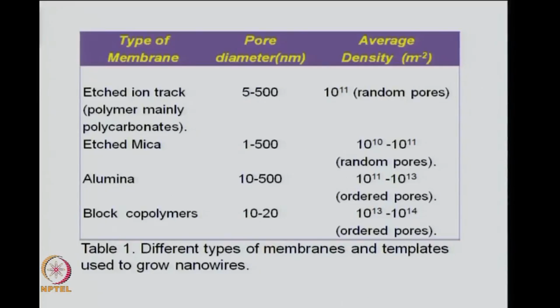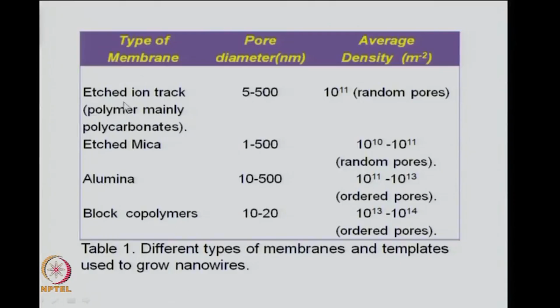So, there are different types of pores, density of pores possible with different types of template or different type of membrane which are going to act as templates. For example, if you have a polymer, mainly polycarbonates are used for this purpose, where you etch ion tracks, that means you use ions and bombard these polymers, and these ions leave tracks, and these tracks are of the order of 5 to 500 nanometers.